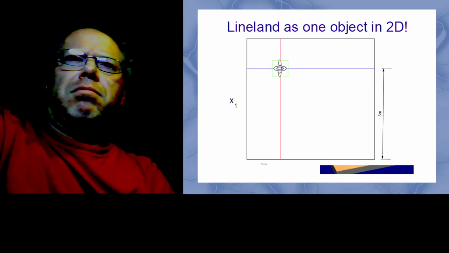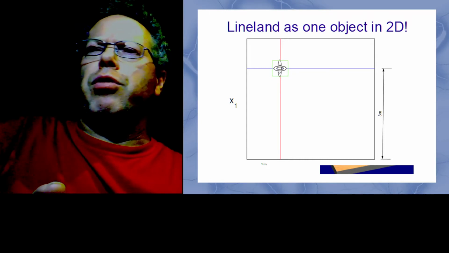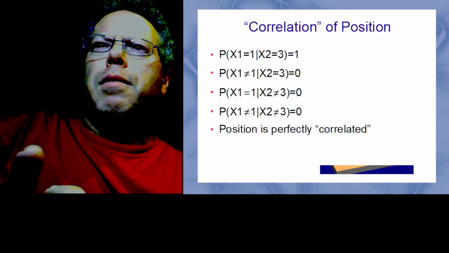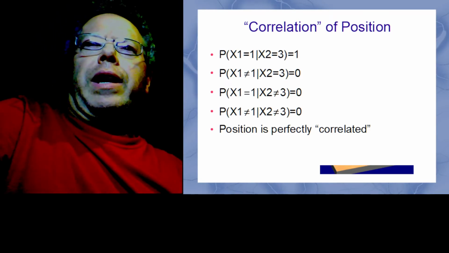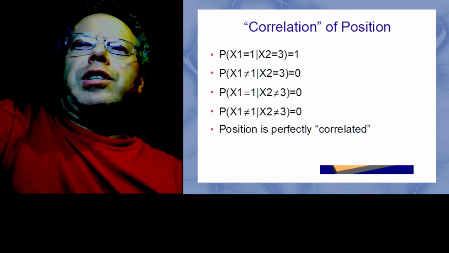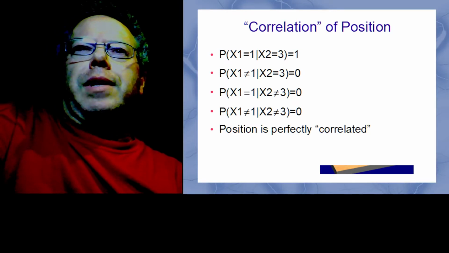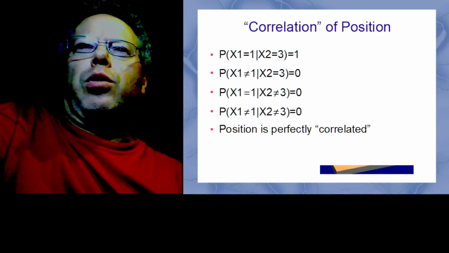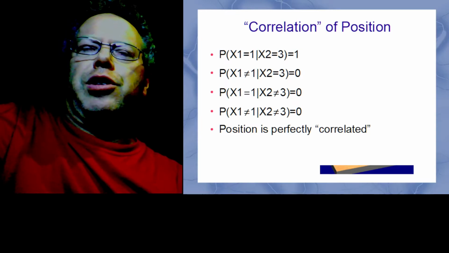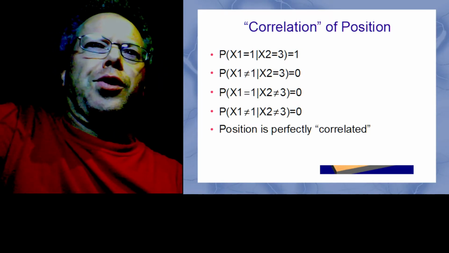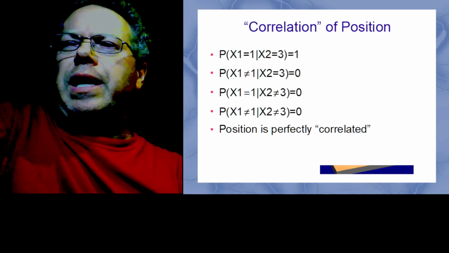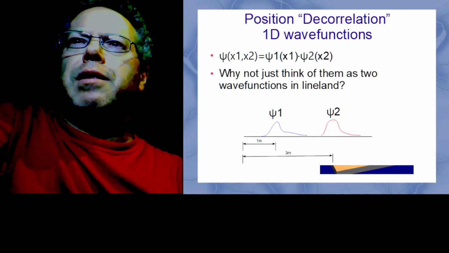It's not especially interesting at the moment, but the first thing to point out is that the correlation of position is perfect. Basically, if the first ant is at location 1 and the second ant is at location 3, the probability of that is 1. Every other possibility has probability 0. Again, not really interesting yet.